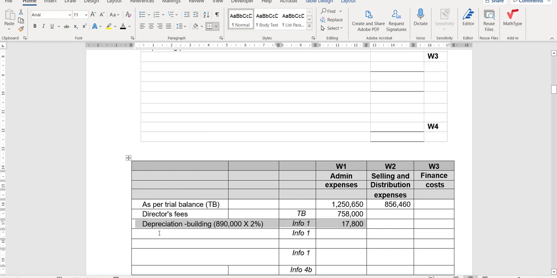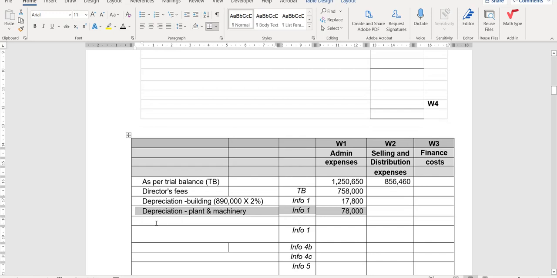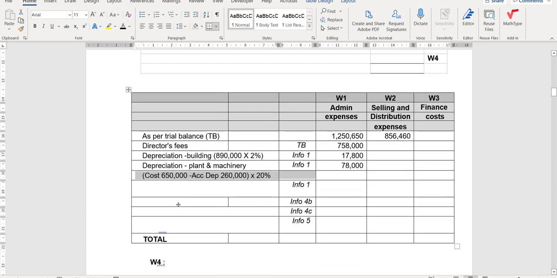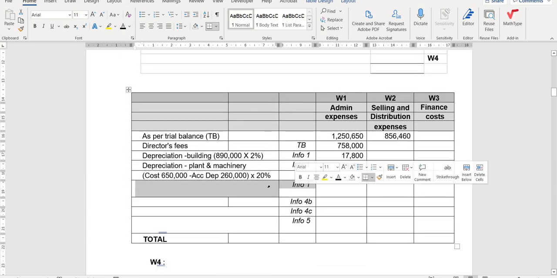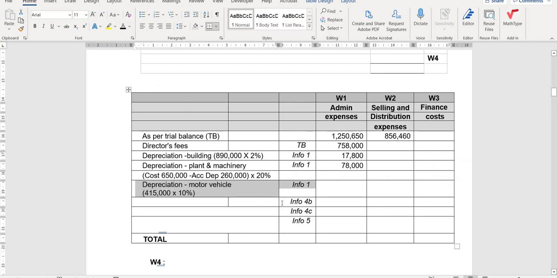We have earlier calculated the depreciation based on information number 1, and you are informed depreciation of building and plant is under the admin expenses, but you were also informed that depreciation for motor vehicle was under selling expenses. So for motor vehicle under selling, it was 41,500.